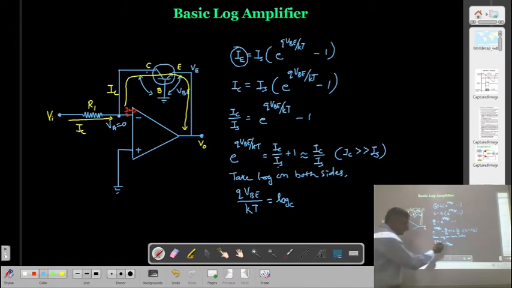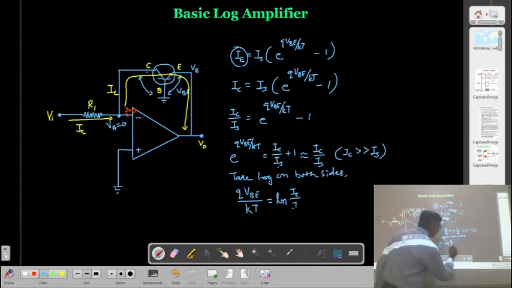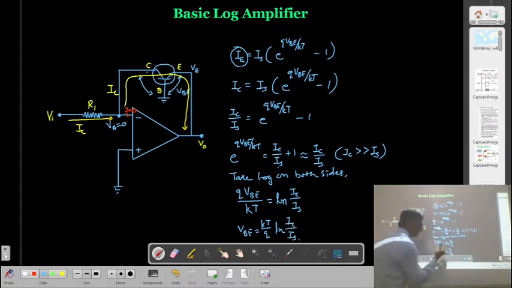So here the base should be e, or we can write this as ln, that is a natural log of IC by IS. And therefore the VBE will be written as KT by Q ln IC by IS. Correct? So this is about what is the VBE.